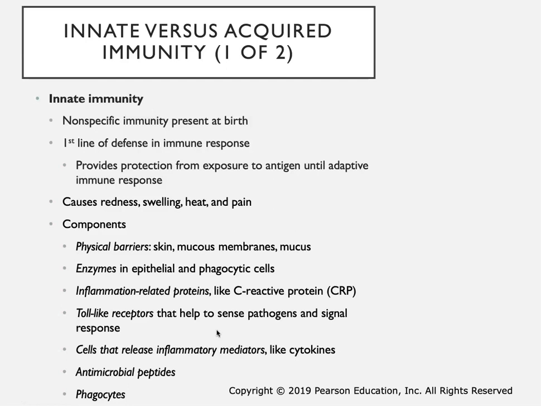So they're kind of like the initiators of an inflammatory reaction. There are other types of cells that will release other inflammatory mediators, right? Like cytokines, and we'll talk about some other types as well. There's also antimicrobial peptides that would be released by cells involved in this process.